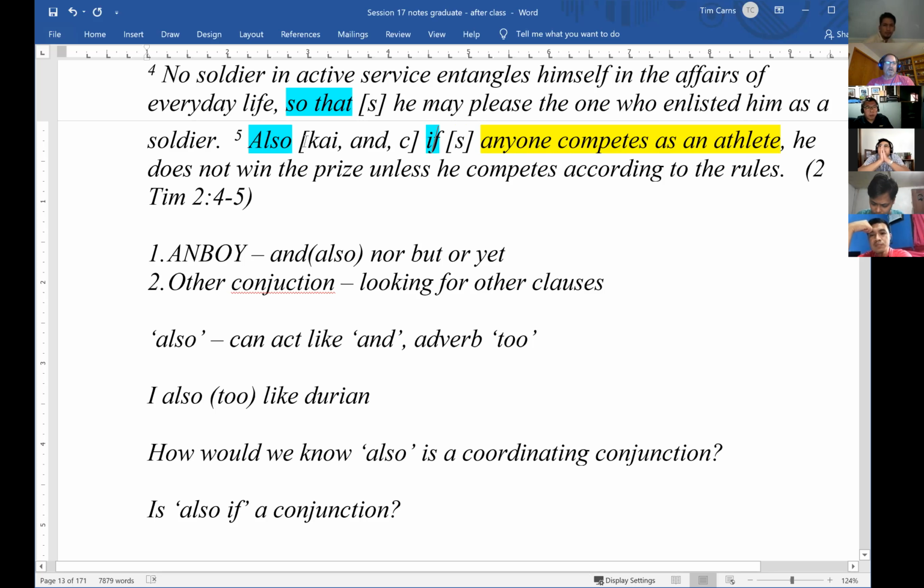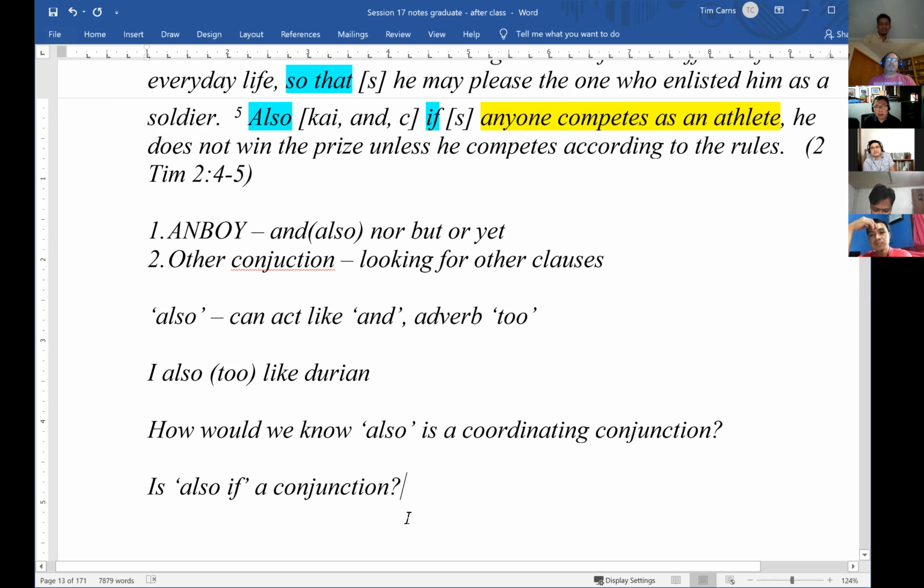I've still got the problem of this word "also" here. So is "also if" a combined subordinating conjunction? Or is it two separate conjunctions? I hate English. English is horrible. Is it correlative? Well, that's a no, right? We'll see what the translator did.